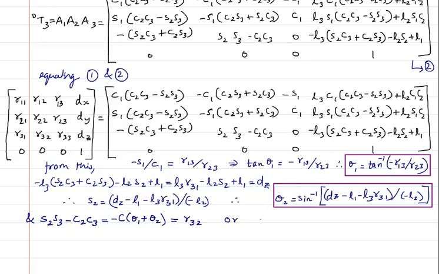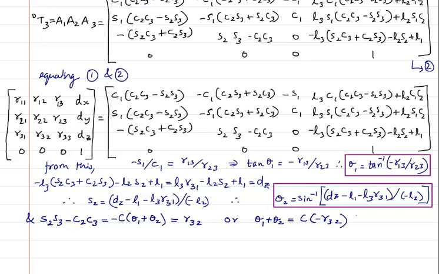Or I can write theta 1 plus theta 2 equal to, so minus has to go to the other side, cos inverse of minus R32.